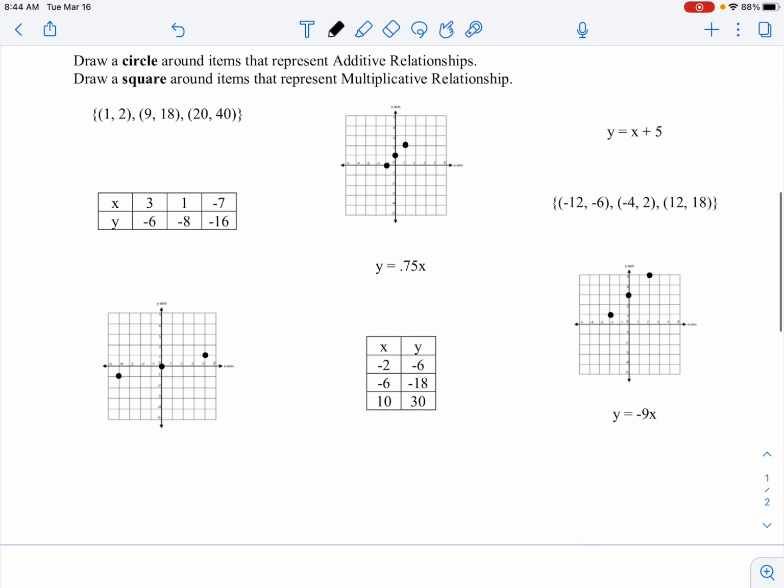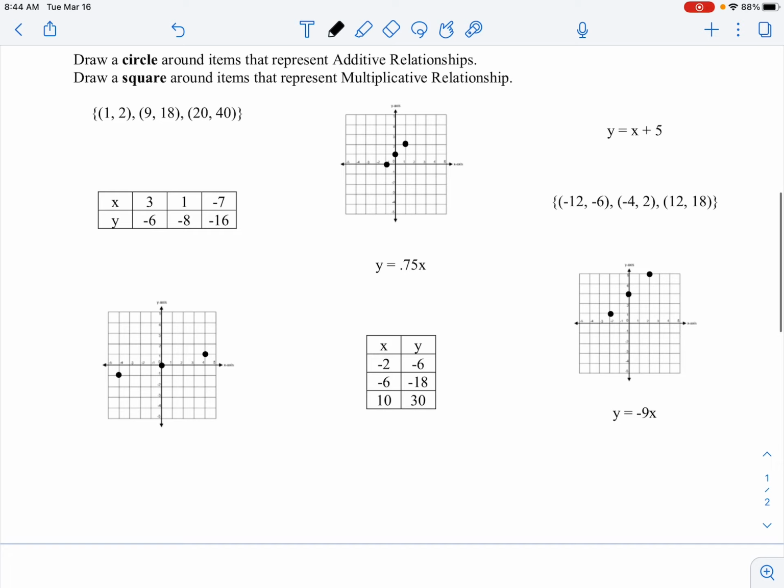All right. So if you're doing your independent practice on a separate sheet of paper, I know you can't circle these, but I guess if you just copy them down on your paper, quick little sketches, and put them in about the same position, then you can circle them on your paper.